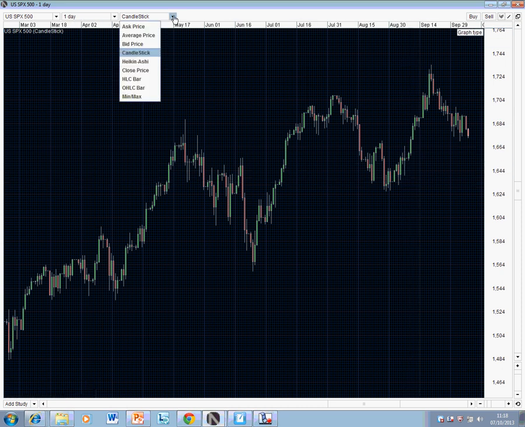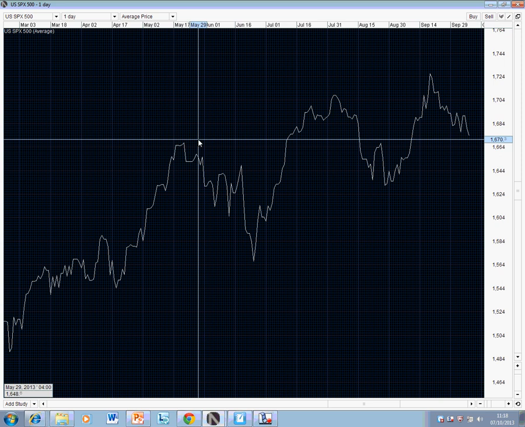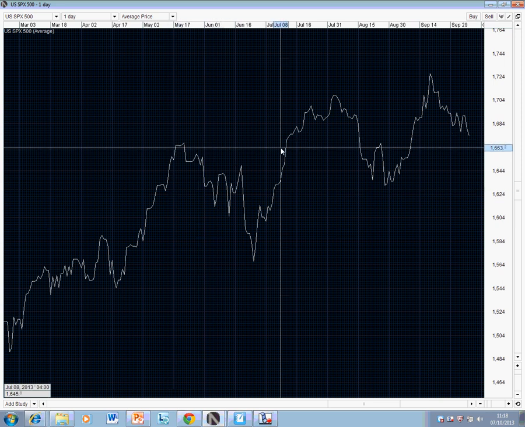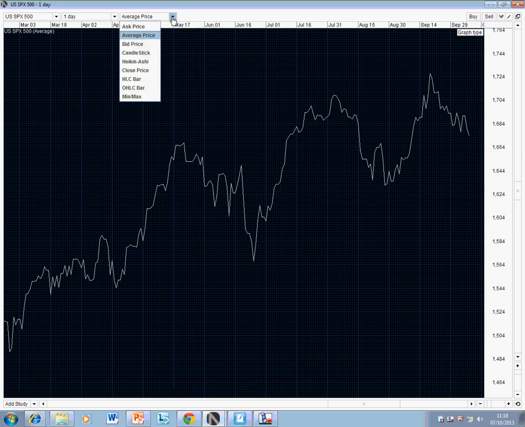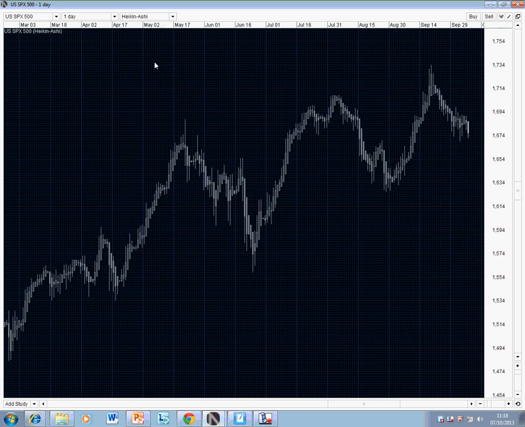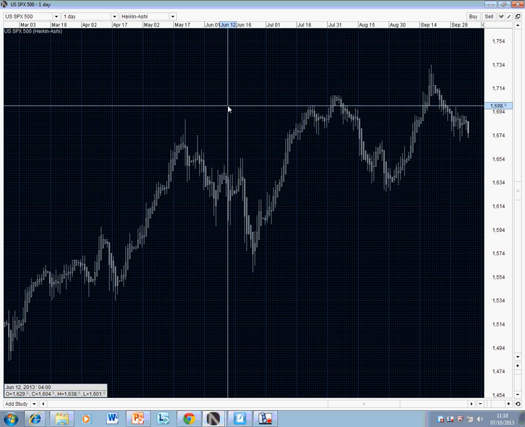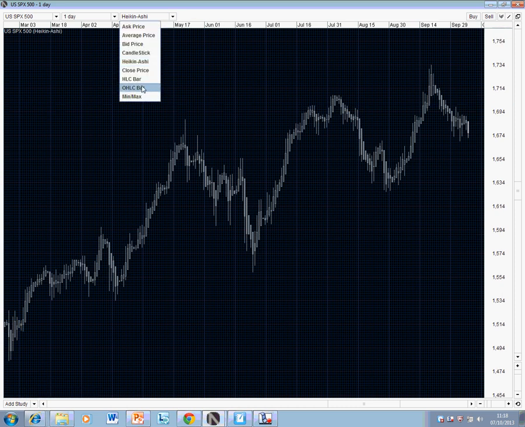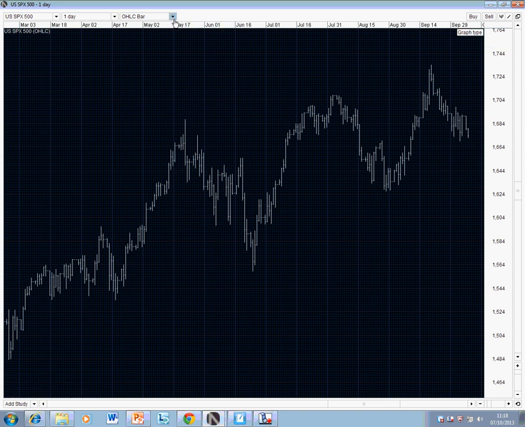Here we go. Right now, I got a candlestick up on the screen. You can actually change it to a line chart. So that's your basic line chart, and that shows the average between the high and the low. Or you can change it to something called the Heikin-Ashi, which is similar to a candlestick, or the open, high, low, close bar, right? So you can take your pick as to which chart style you want to work with.